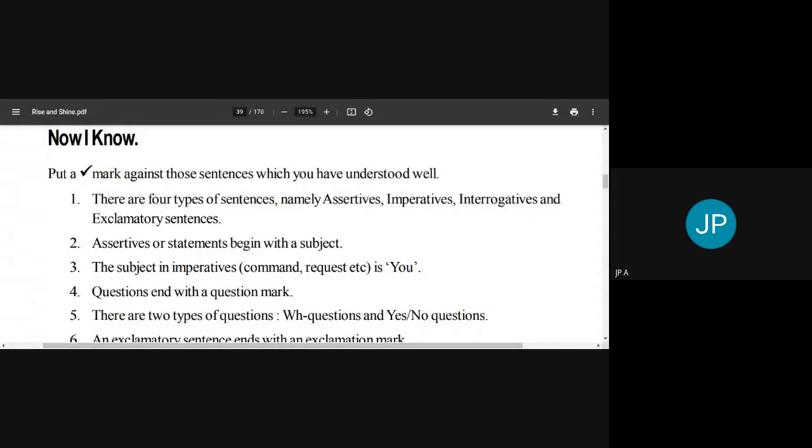I'll type it into the chat box. Flowers are beautiful. So the subject is already there in the very beginning of the sentence.